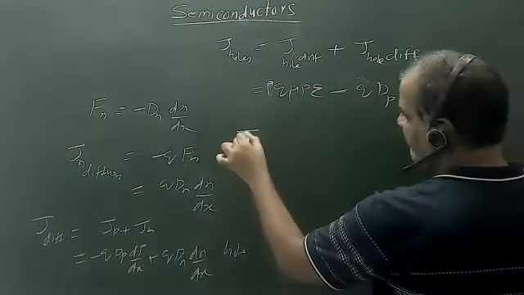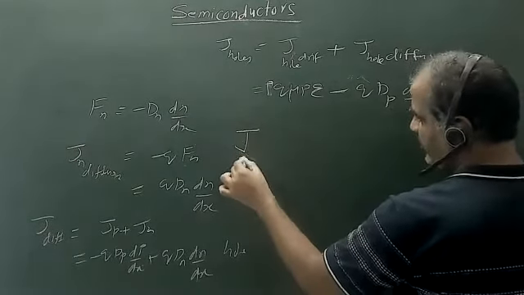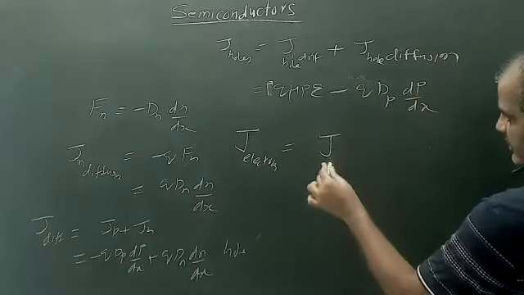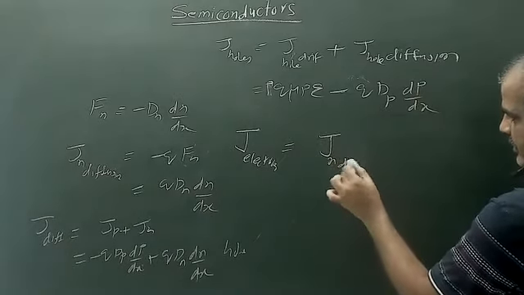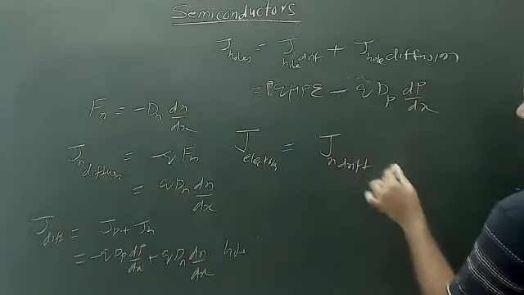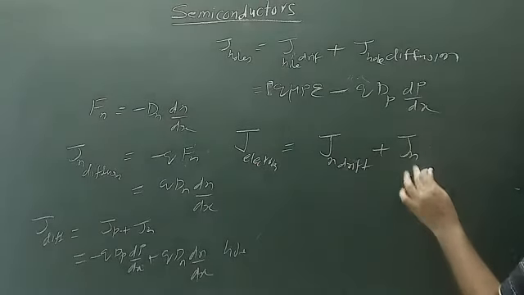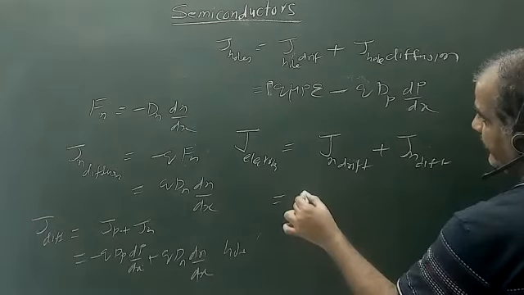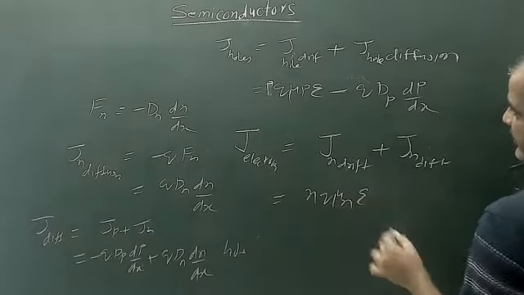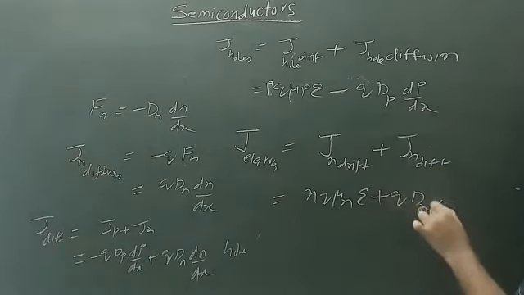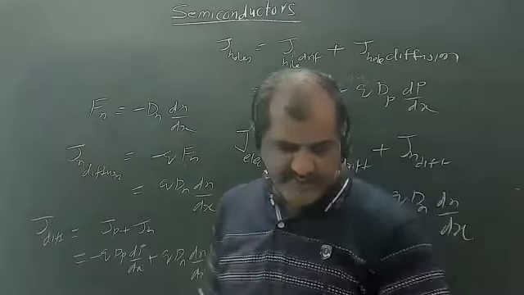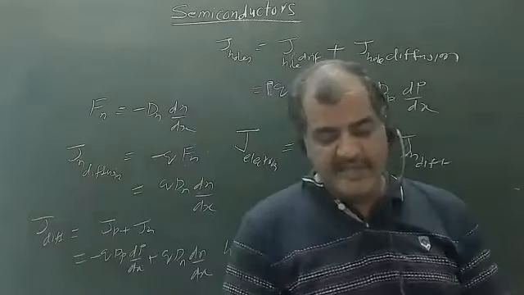Similarly, the total current for electrons, the negative particles, is the drift current due to electrons plus the diffusion current due to electrons. This will be equal to n q mu_n electric field plus q D_n dn by dx. We require these things to understand the current flow in the PN junction.